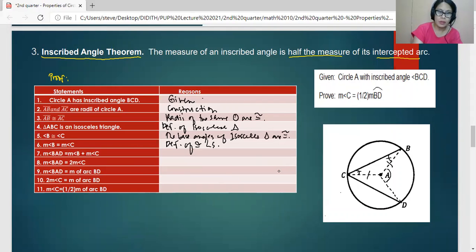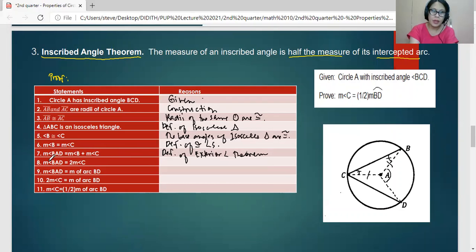This is the exterior angle theorem. Angle BAD is an exterior angle, and the measure of an exterior angle is equal to the sum of the two remote interior angles, which are B and C.